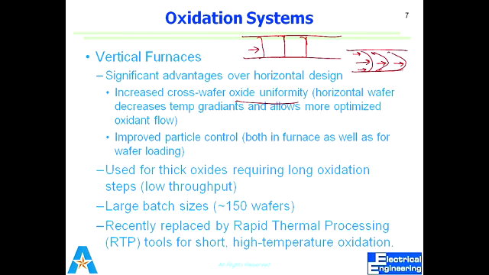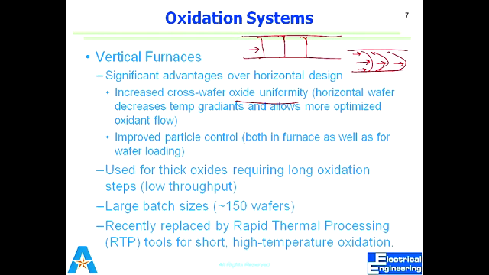At a specific point, this part would be at high temperature and this part at low temperature. But in a vertical furnace, it's always lying down in a specific slot. So when I heat it, all the surface gets the heat uniformly. That's why there would be a uniform oxide layer on the wafer surface.